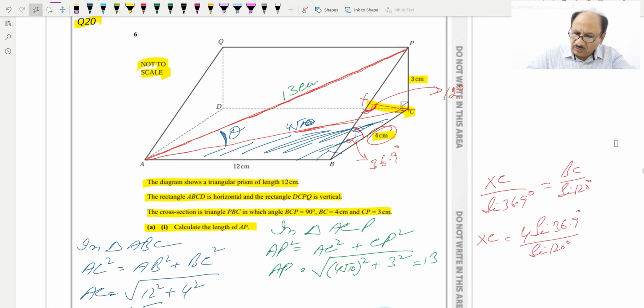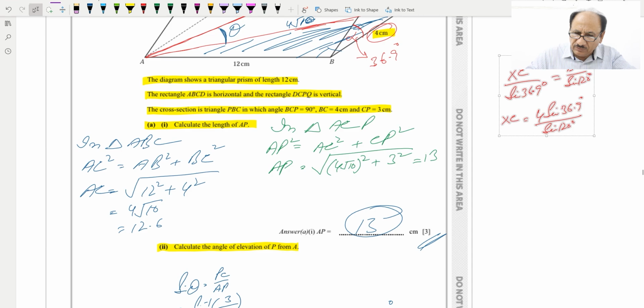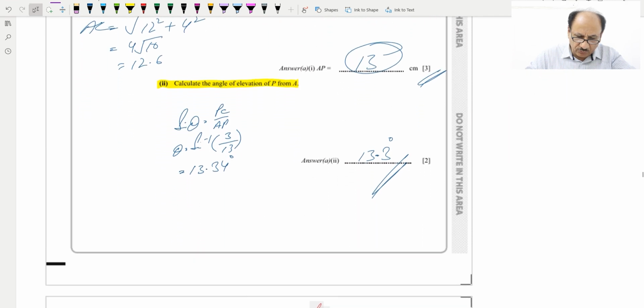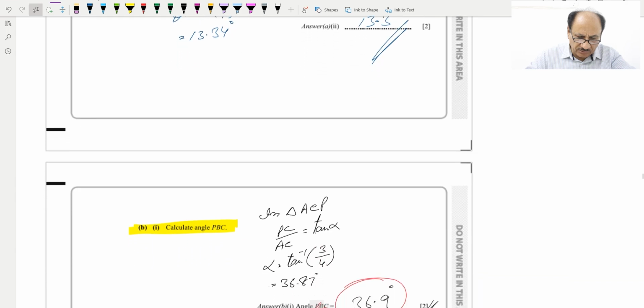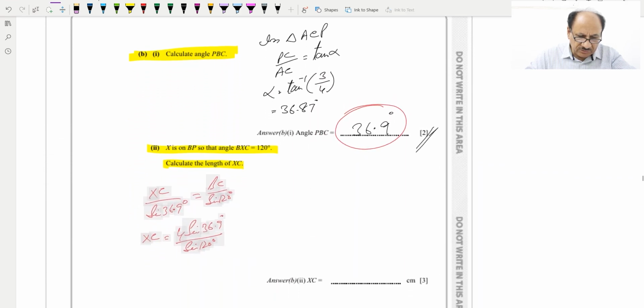I am writing this closer to the diagram so that you can understand properly what we are taking the values for.